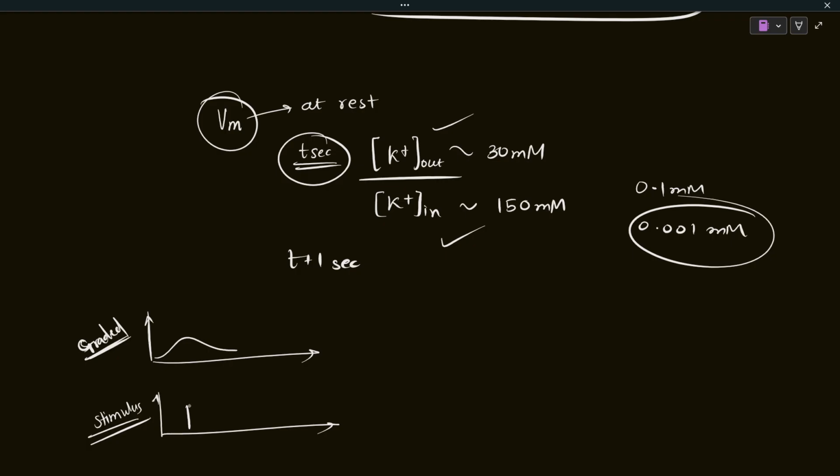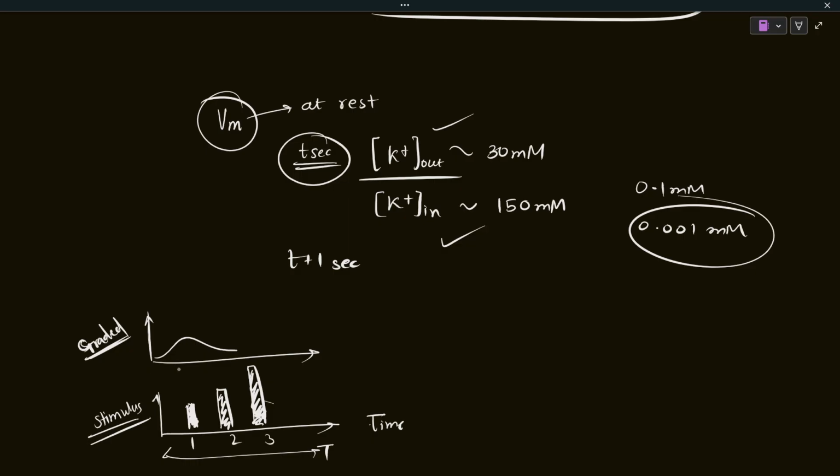So in the stimulus graph, this is the strength of the stimulus over time. There are multiple stimuli in the course of time t. This is time, and this whole time course is t, and these are the continuous stimuli that are given to the neuron. This is stimulus 1, 2, and 3.